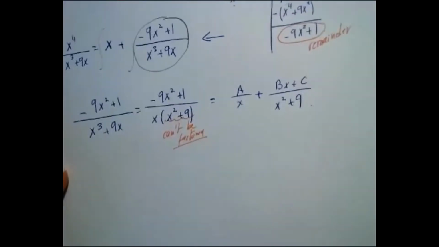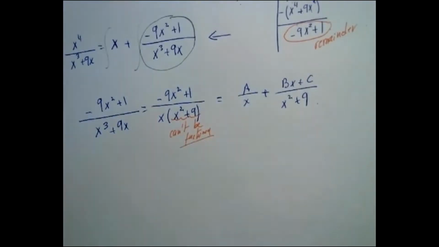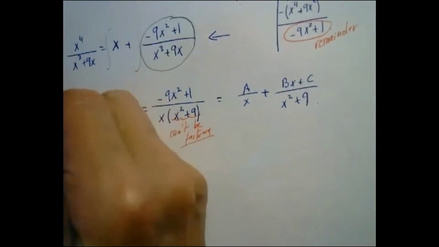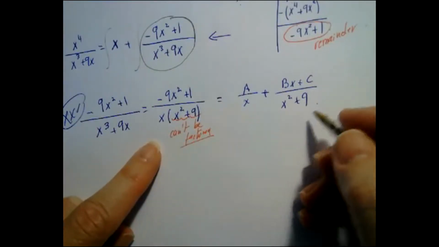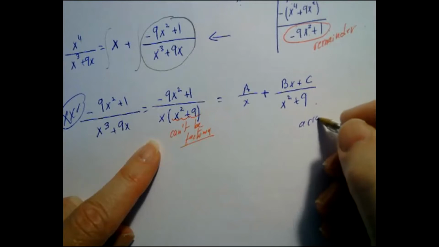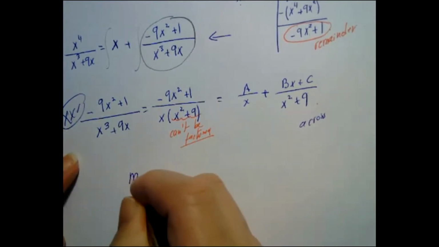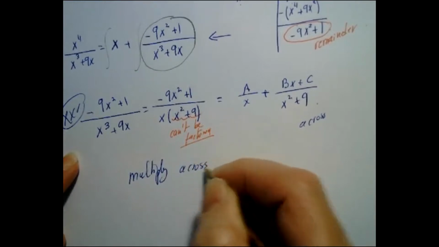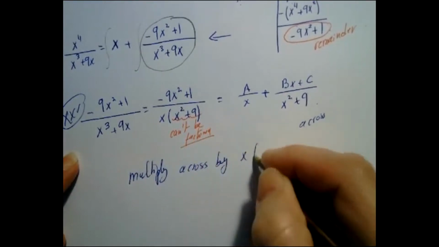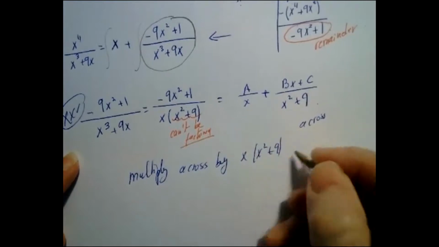And we're almost at the end of the problem. So now, as usual, I'm working on this piece now. I have to multiply across by x times x squared plus 9.